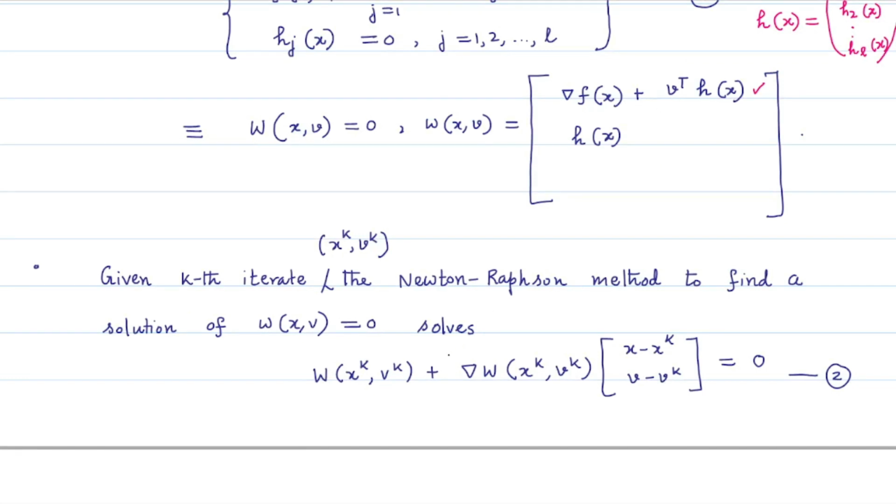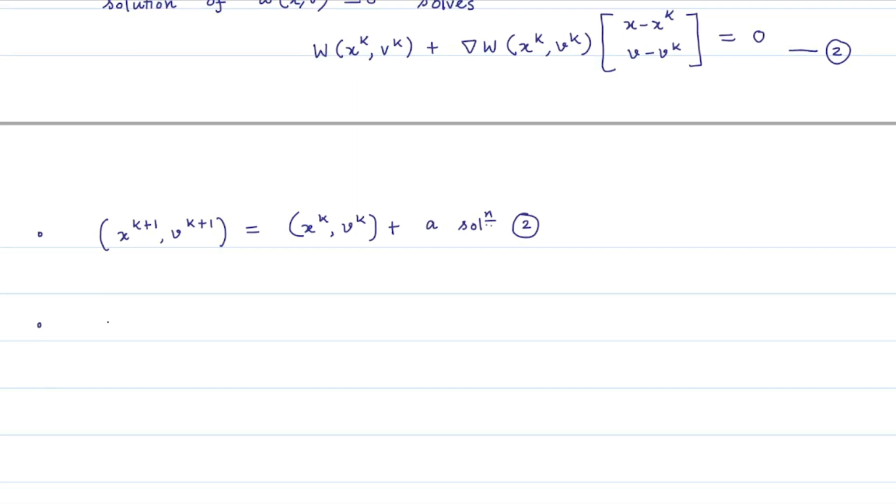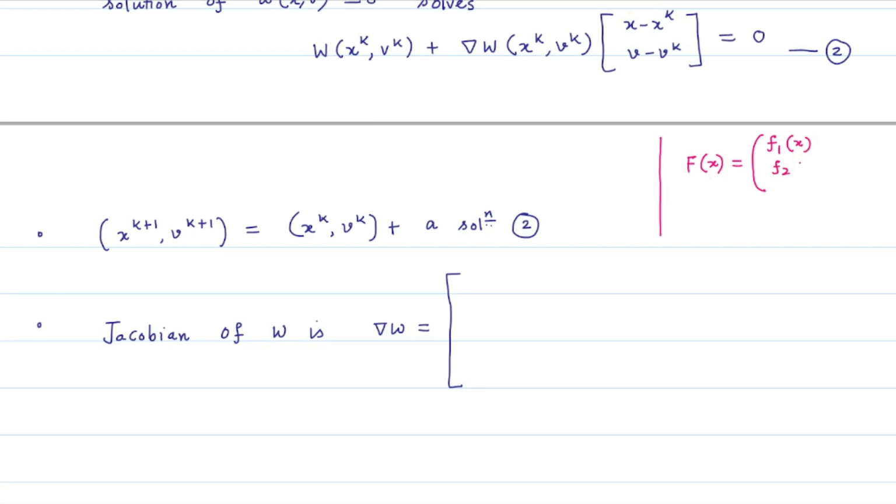But what is this Jacobian matrix? We notice that the Jacobian of this vector valued function W can be found by recalling the Jacobian matrix of a vector valued function F which has, let's suppose, p many components f1, f2 till fp.